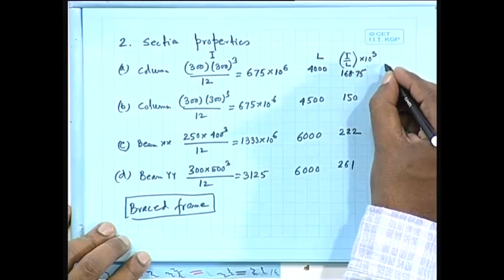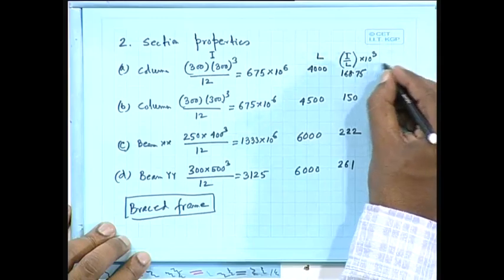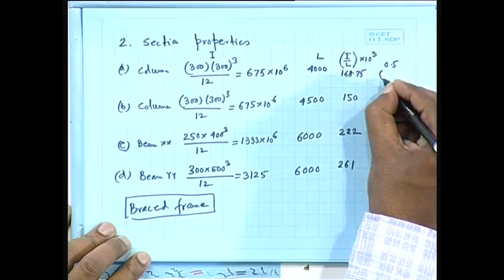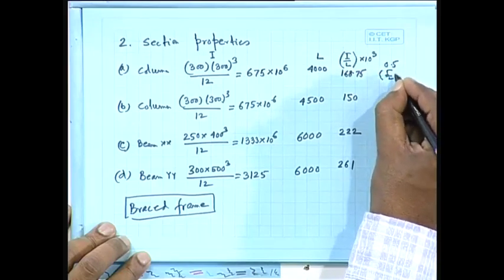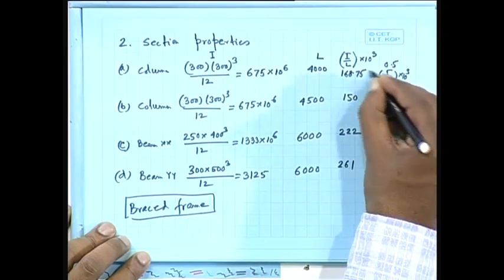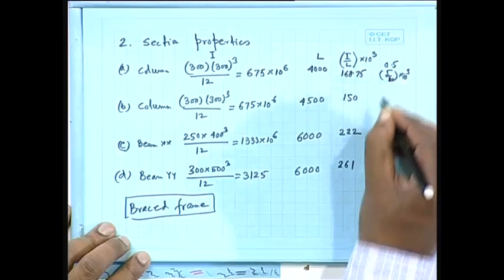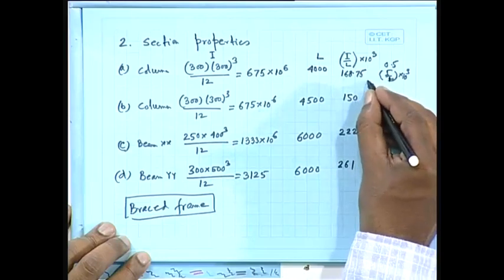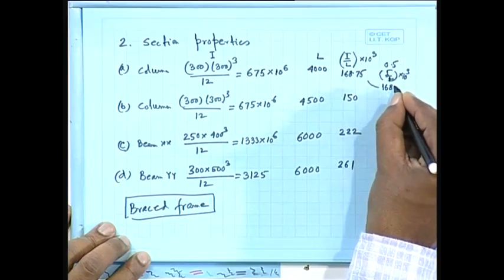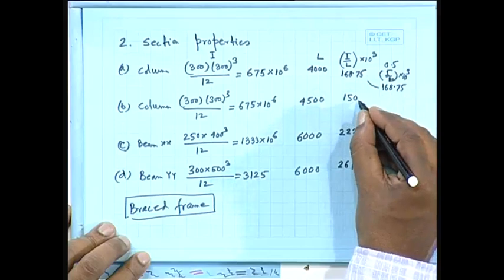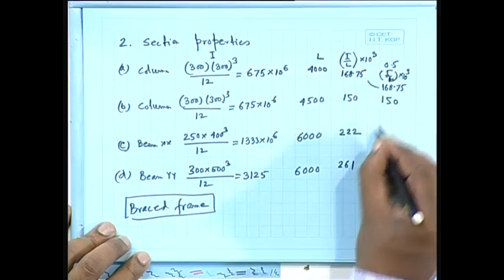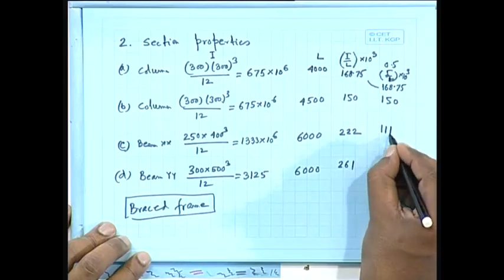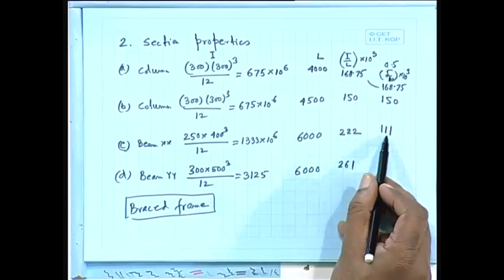The correction will be here, that 0.5 times I by L into 10 to the power 3, the same one, I by L into 10 to the power 3, this is L. So, for columns there is no change, it will be same as 168, let me write down here 168.75. For this column also there is no change, here it will be 111, that means half of this one, that will be 111.